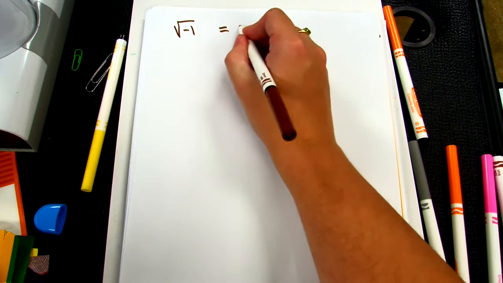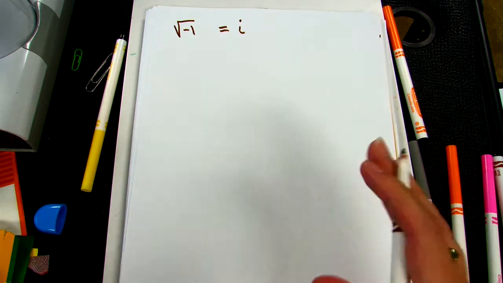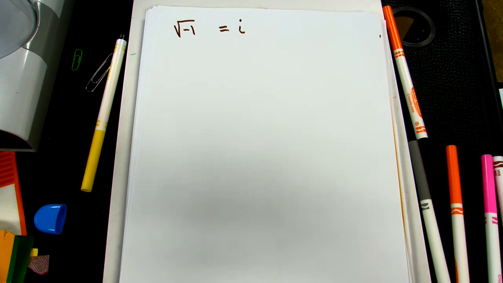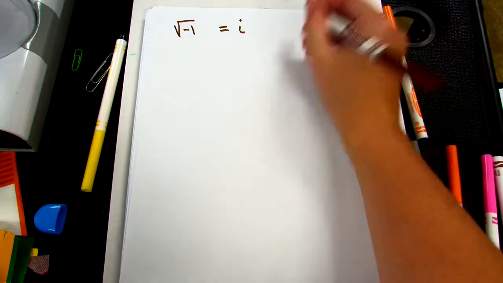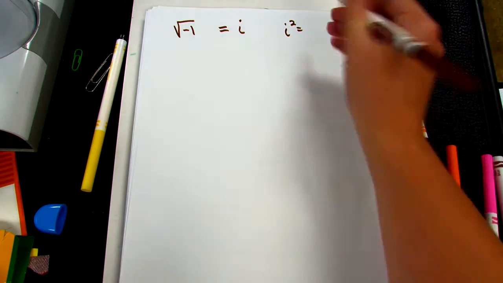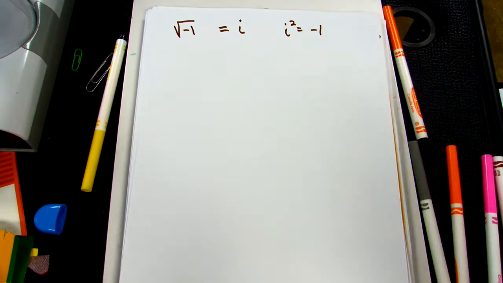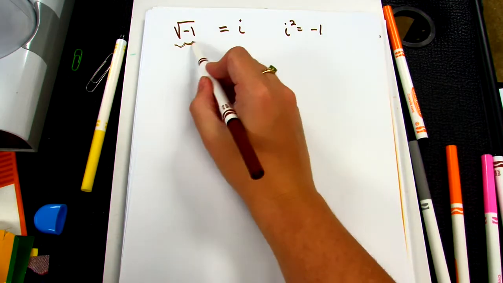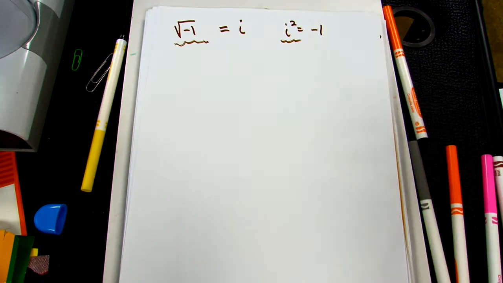This is actually i. So anytime you see the square root of -1, you cannot leave it that way; you have to leave it as i. Likewise, anytime you see i squared, you cannot leave it as i squared. i squared is equal to -1. So anytime you see this or that, you have to simplify it.